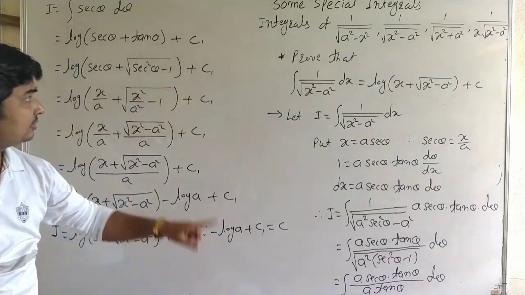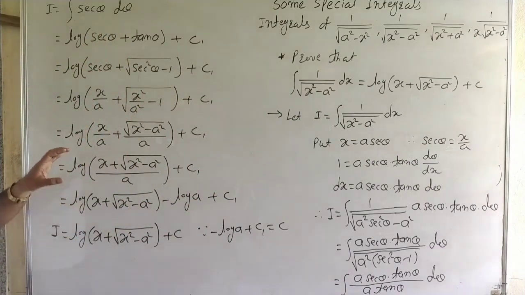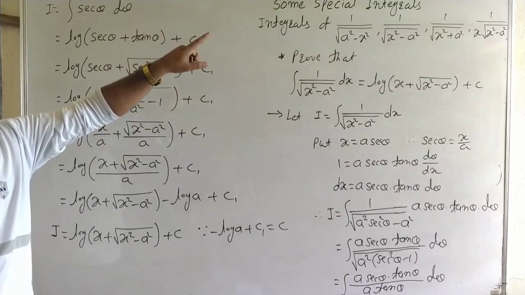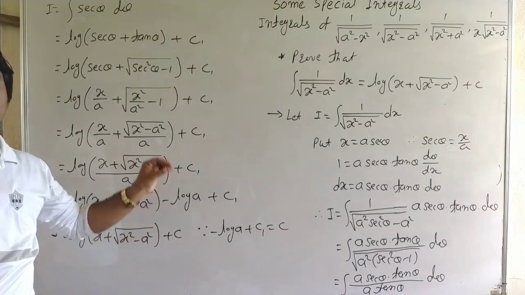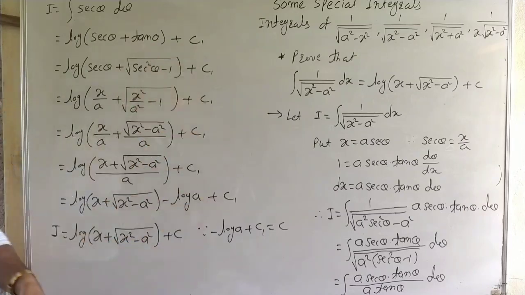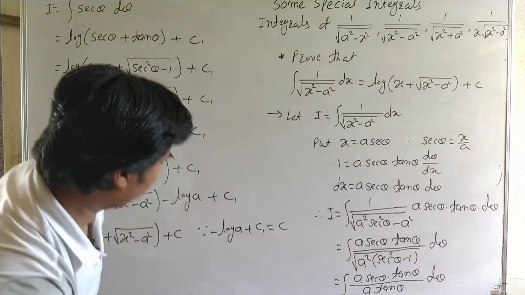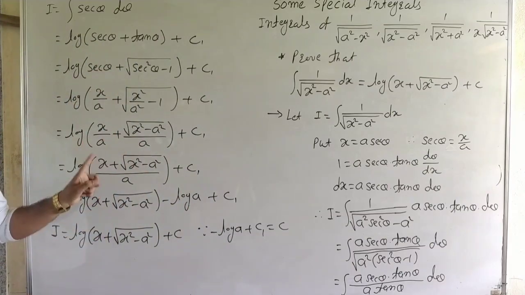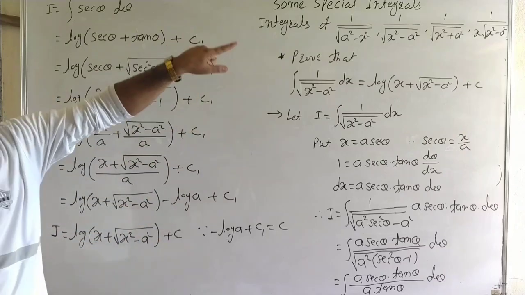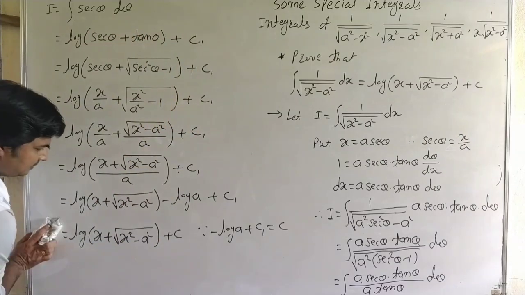See carefully this. The same proof works for 1 upon under root x square plus a square. There is a substitution, x is equal to a tan theta. This calculation we can again repeat in the next proof.